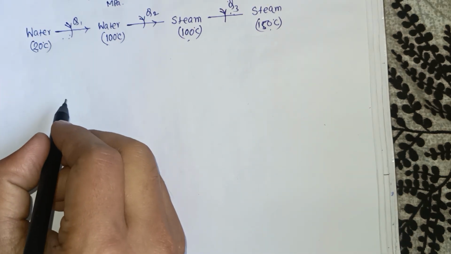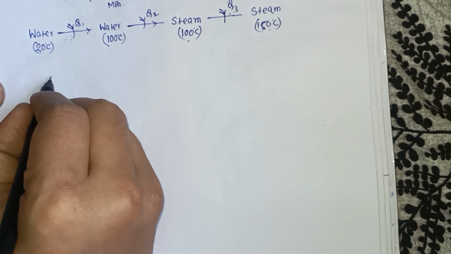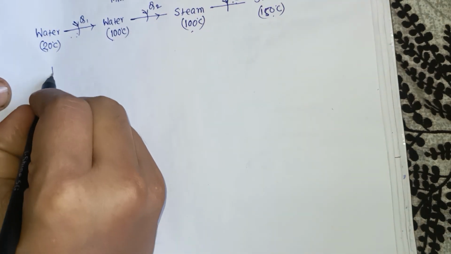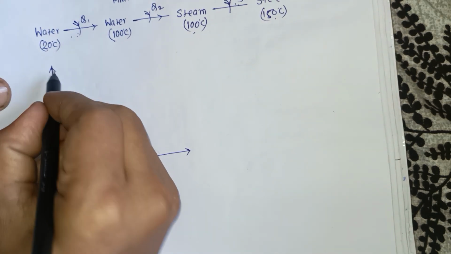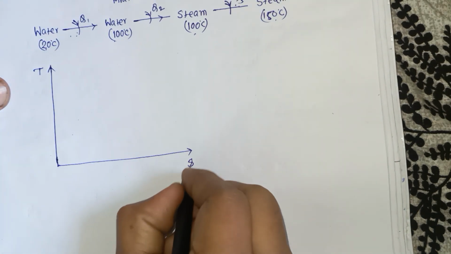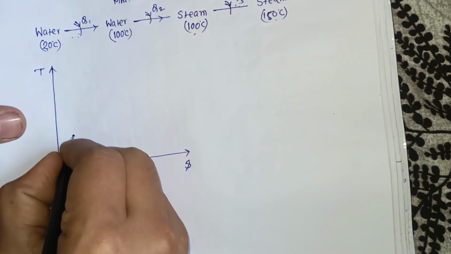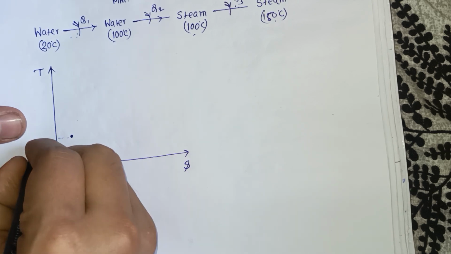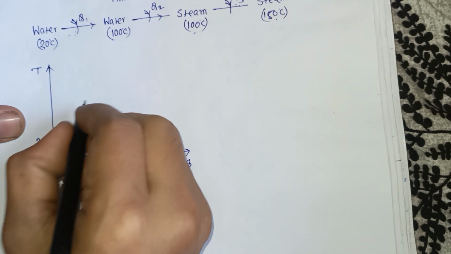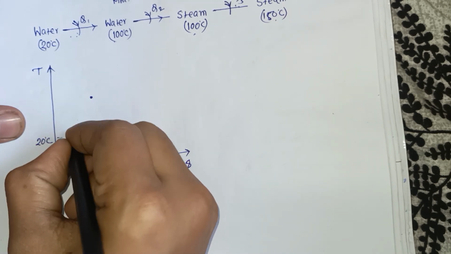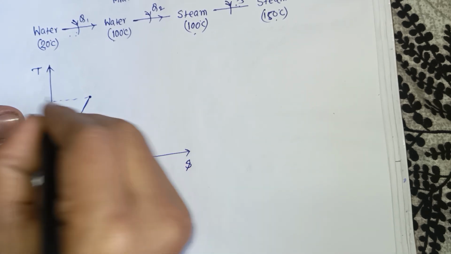Now when you draw this process in a TS diagram, that is a temperature-entropy diagram, this is the diagram, with absolute temperature and specific entropy. You have 20 degrees Celsius water, and you apply some heat, so the temperature increases to 100 degrees Celsius.